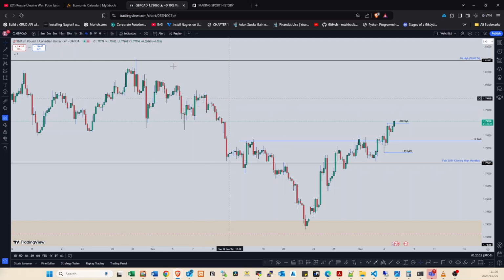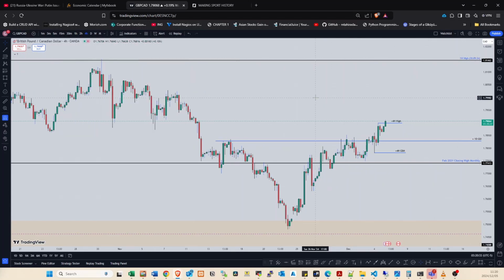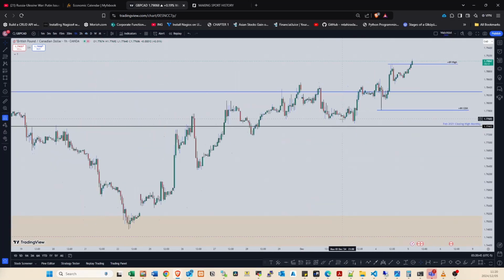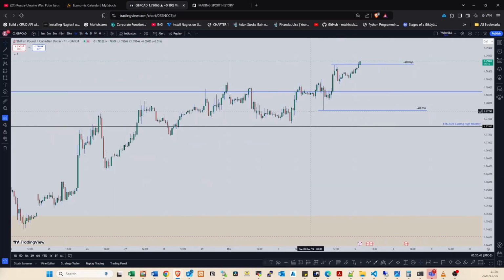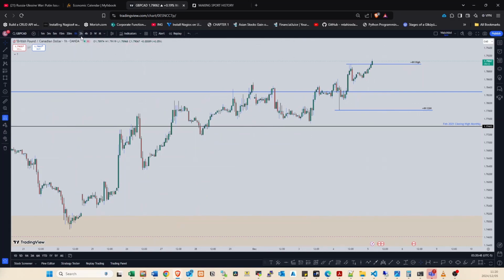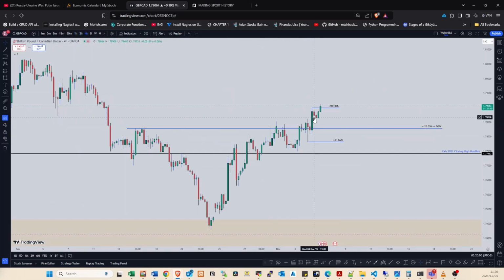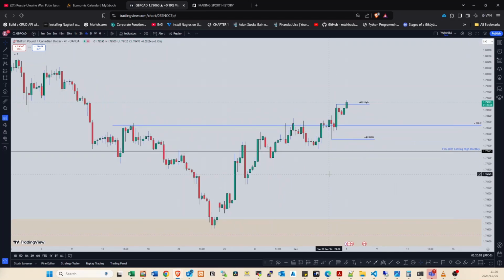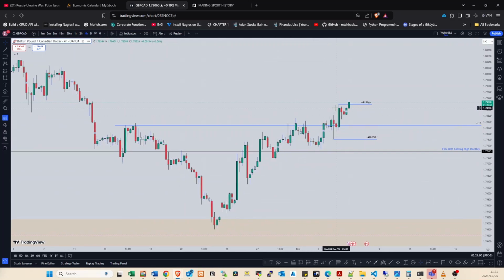Overall, we're looking to see the market come to test this 30th of September high. But is there another way we can look for areas to manage our trade if we get into a trade around there? One of those ways is to look at this move here: break of structure, went higher, came lower, went here.